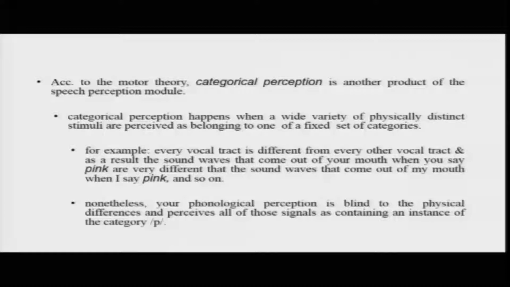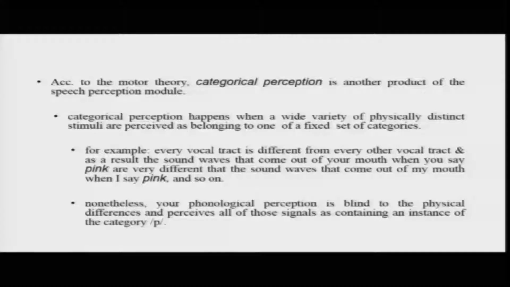Categorical perception happens when a wide variety of physically distinct stimuli are perceived as belonging to one of a fixed set of categories. So pa and all variations of pa are in one category, ba and all variations of ba are in another category. Let us take an example.